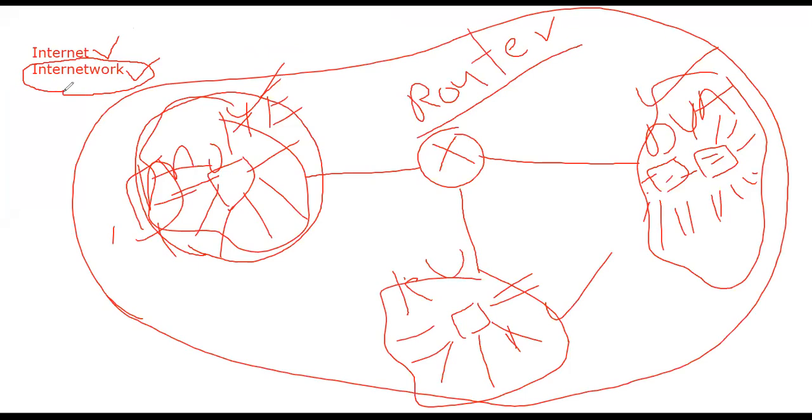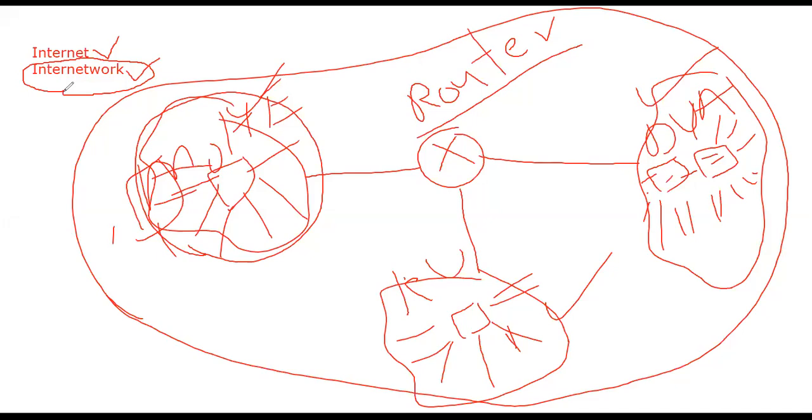Suppose there is a company with a main branch in Kabul and three branches in Kandahar, Balkh, and Herat. Now there are four sites, Kabul, Herat, Mazar, and Kandahar, connected to each other. This is simply called an internetwork.